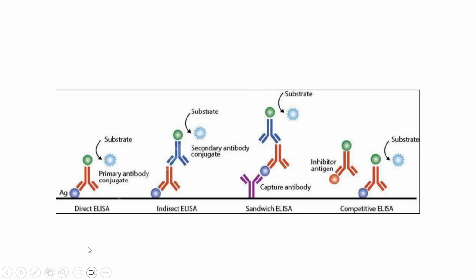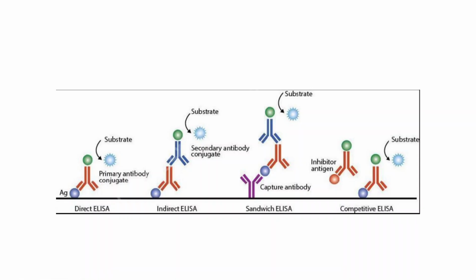So you can see there are 4 types of ELISA: direct ELISA, indirect ELISA, sandwich ELISA, and competitive ELISA. In the direct ELISA, we have the antigen coated plate. We can add the antibody, and the antibody will have some kind of fluorophore or some kind of detection technique, or some kind of substrate to which it can react, and we can get the signal.